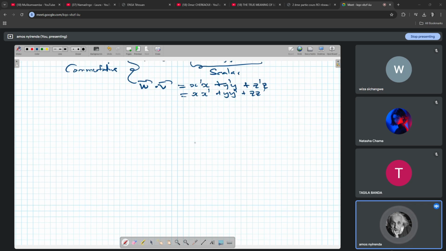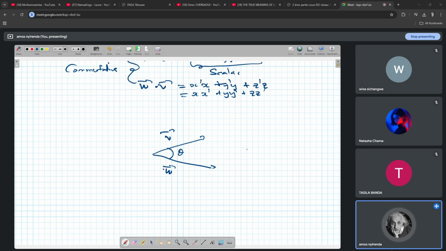And then of course we also have another formula for the dot product, and I'm sure this is a formula that most of us know. So let's say we have the vector v, and then let's say we also have the vector w. And then there's an angle theta between these two vectors, v and w.